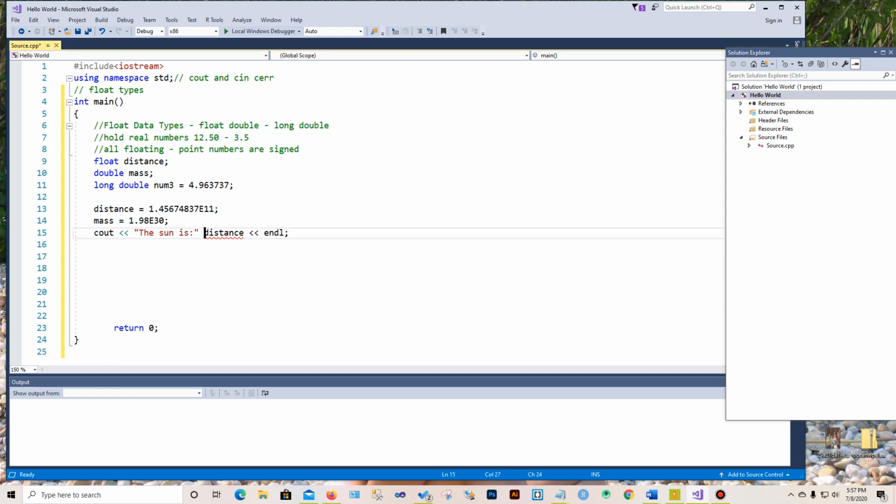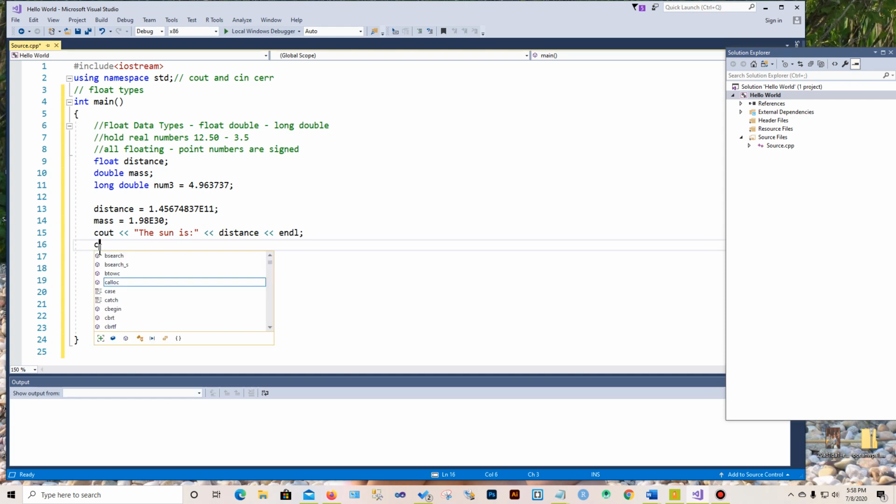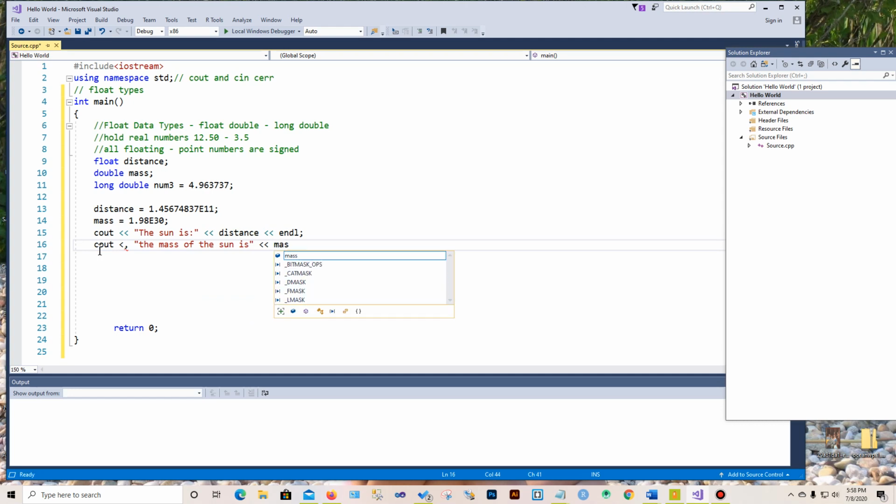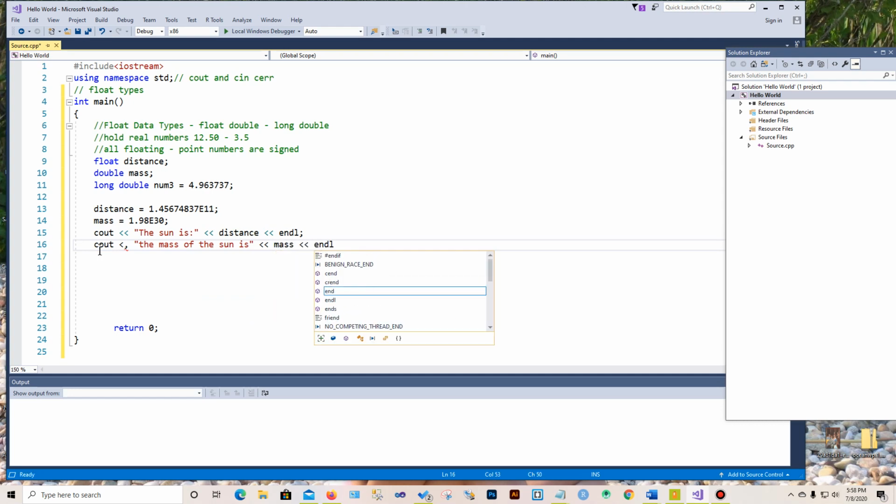Did I forget something? Yes, the operator there. The next one that I want to output is the mass, so cout "the mass of the sun is," and then I call the variable holding that value, mass, and output that on the next line.